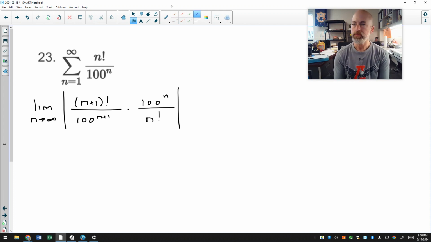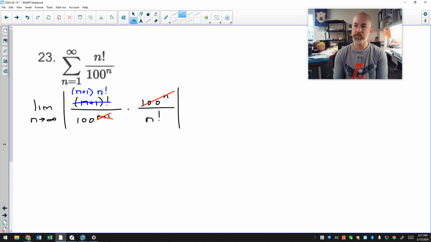And I believe I have maybe chosen some bad examples here. Not necessarily bad examples, but what's going to happen on this one? Let's see. I have one more 100 in the denominator. N plus 1 is 1 more than n, so those will divide away, leaving just the 100 in the denominator. And n plus 1 factorial is the same thing as n plus 1 times n factorial.